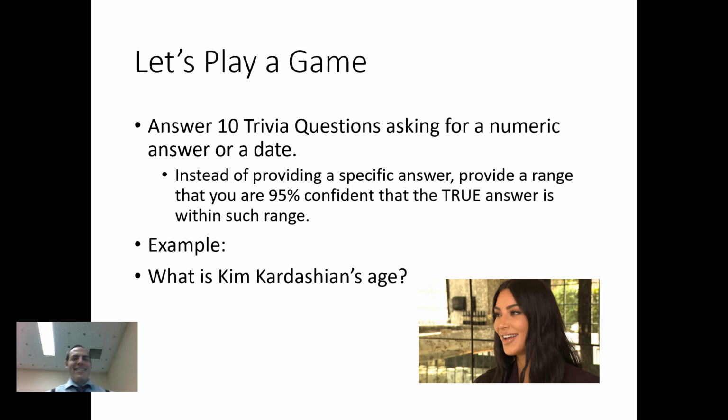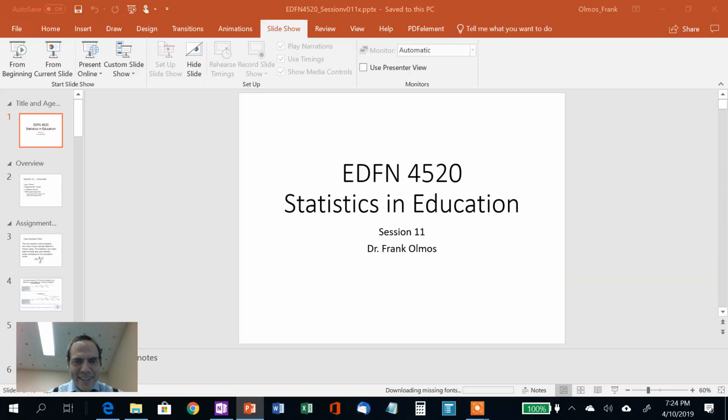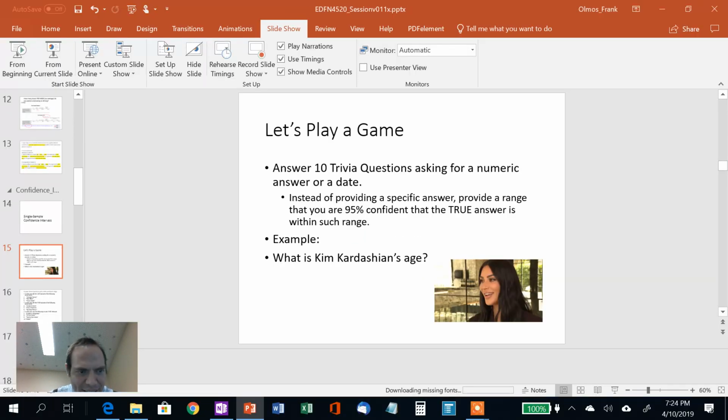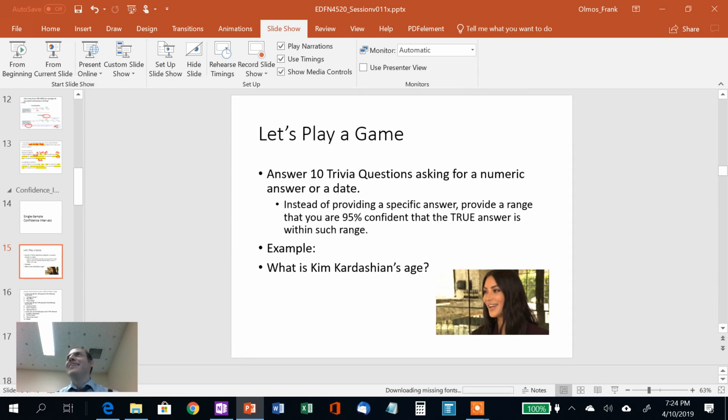All right, let's see what the answer is. Okay, so you're right. Her age is 38. So you guys all got it right. That's good. I think all of you got it right? Okay, good.